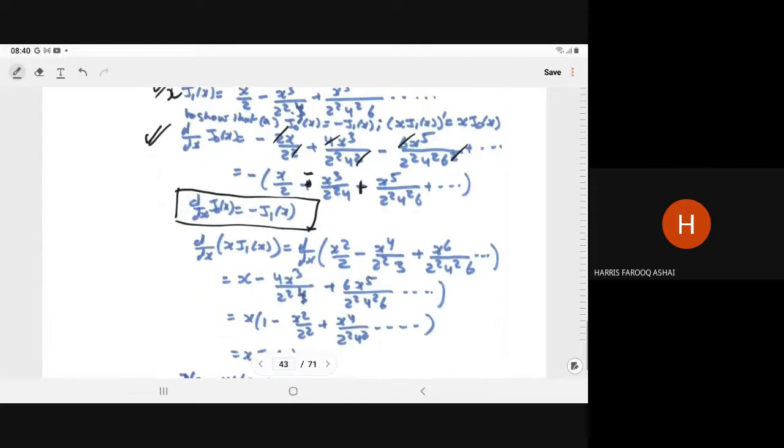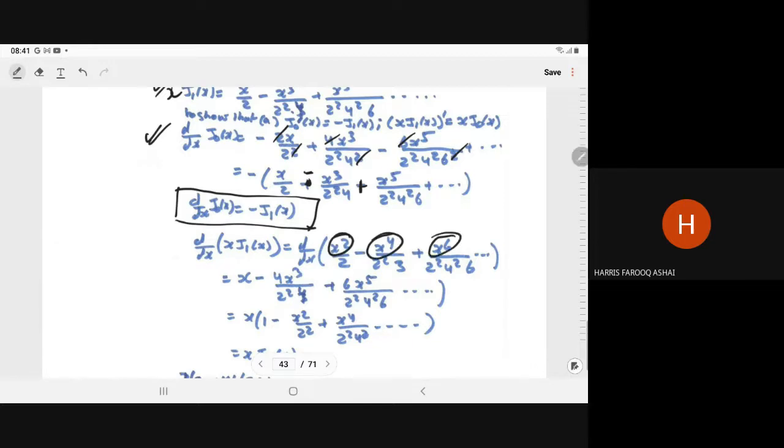So when we take the derivative, its derivative will be the 2x, its derivative will be the 4x cube, its derivative will be the 6x to power 5. And from all, if you take the x common, so inside the bracket we have the x into 1 minus x square upon 2 square plus x to power 4 upon 2 square 4 square and so on.